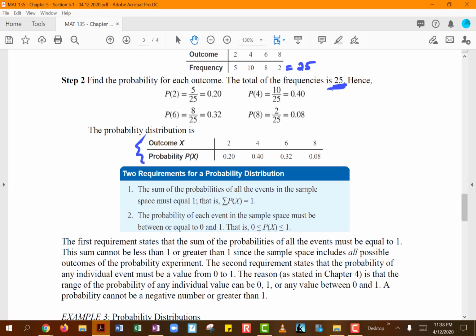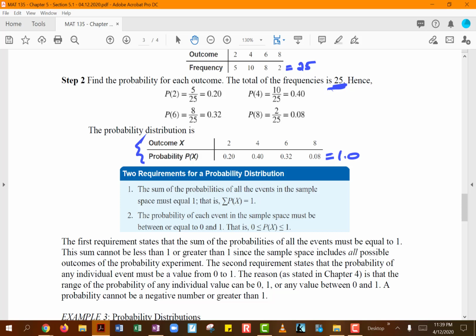Now, if you remember, we had talked about this before. Whenever we are talking about probabilities for our sample space, they always have to add up to 1, which means all of these probability rows have to add up to 1. Or if you were thinking of this as percents, then they need to add up to 100%.